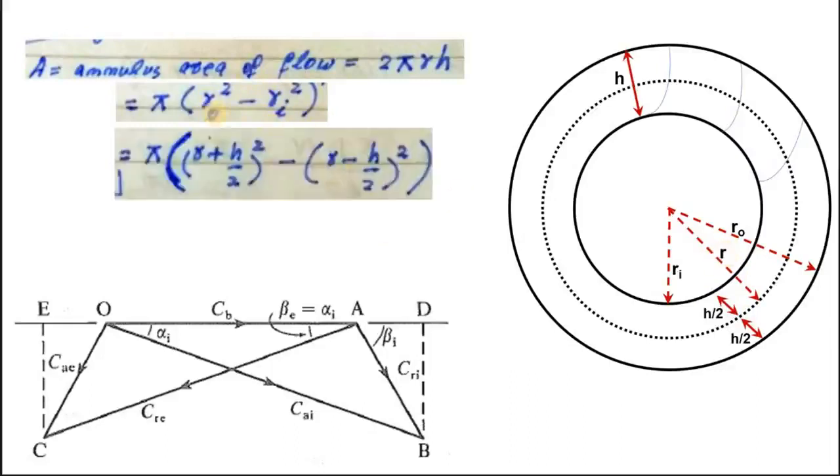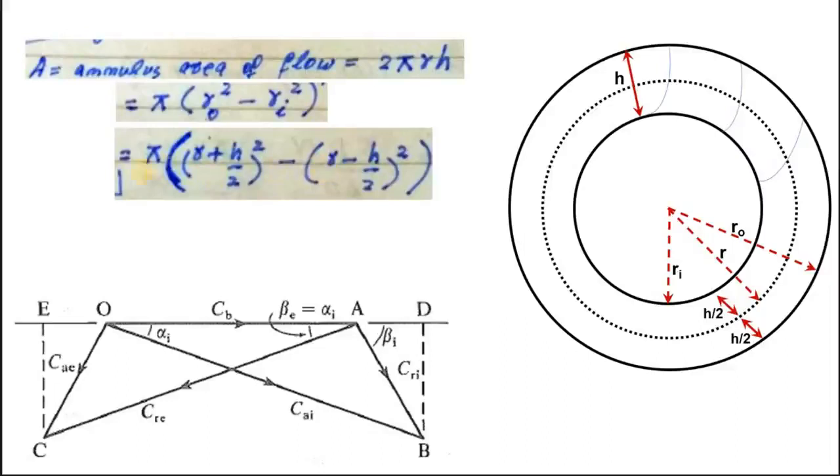So Ro can be replaced as R plus h by 2. Similarly, Ri can be written as R minus h by 2, right? So this is the same annular area of the flow, which was given as 2 pi RH, and the same area can be written in terms of Ro and Ri, and the same area can be written in terms of mean radius R and height of the blade.